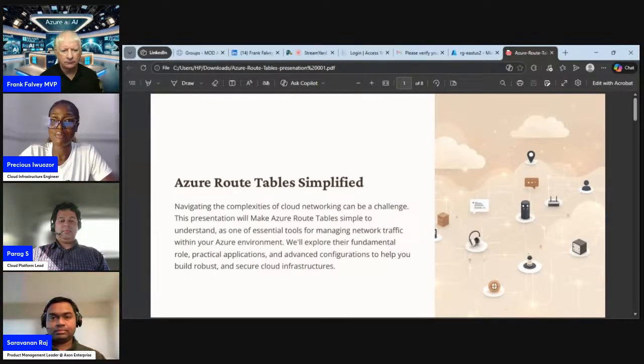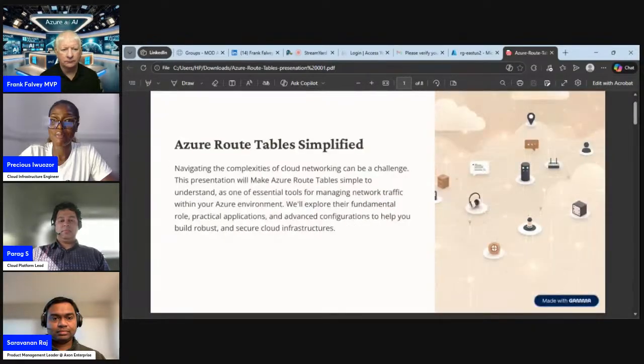Today, I'm going to talk about route table. I'm sorry, you may hear some background noise coming from my kids. I hope you understand that. My name is Precious, by the way, and I'm talking about Azure route table today in a very simplified way for beginners and people who are yet to know about route table.